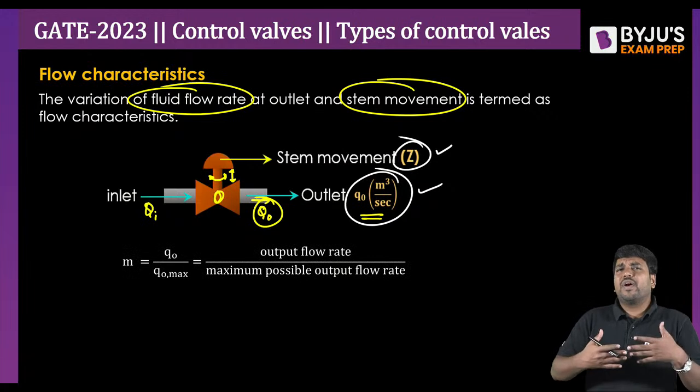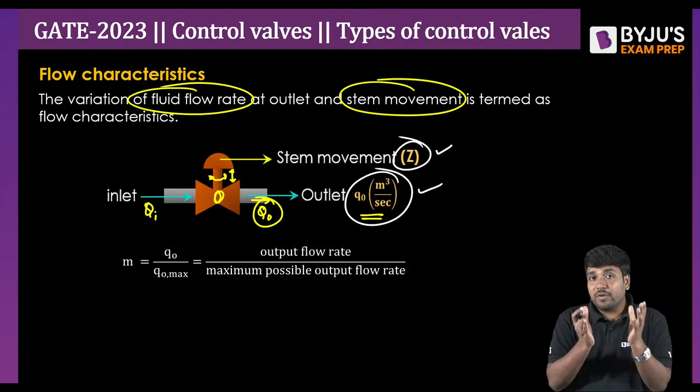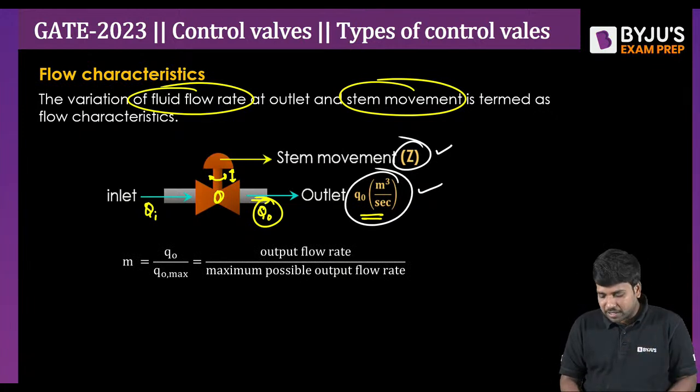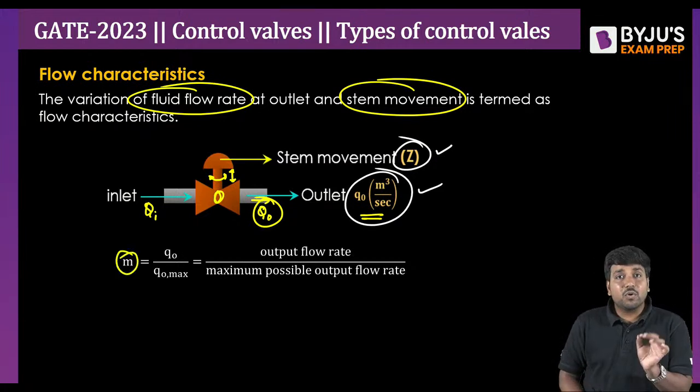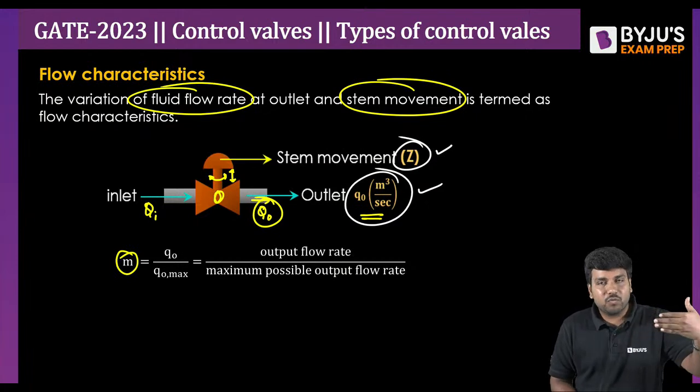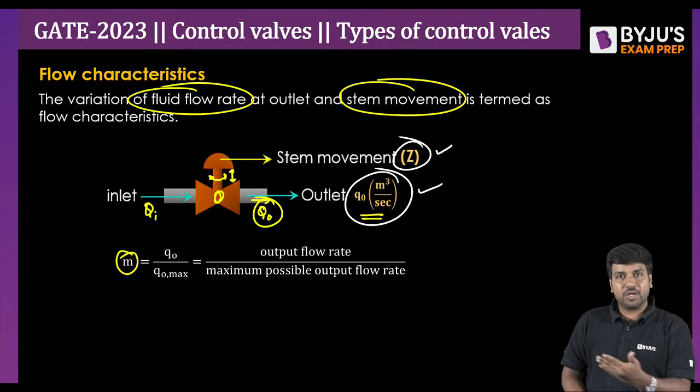Of course, we have defined several variables here, and we have defined a very popular variable in flow characteristics, that is M, which is equal to output flow rate divided by the maximum output flow rate that can flow through the pipe or that can flow through the control valve.